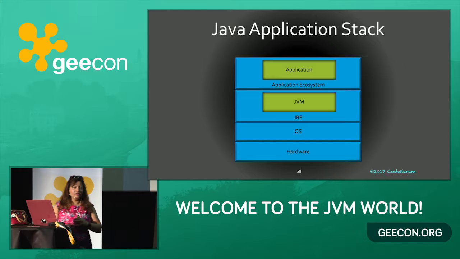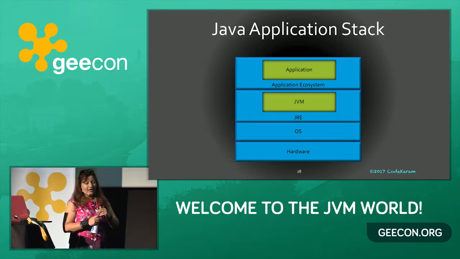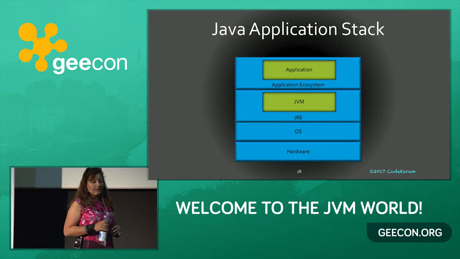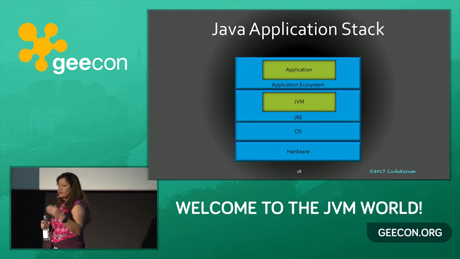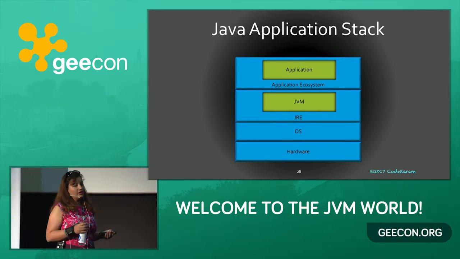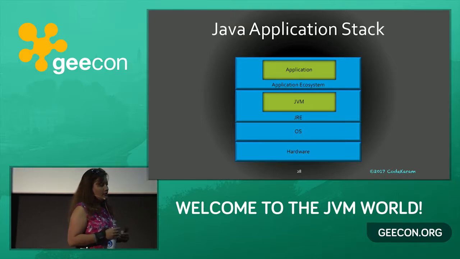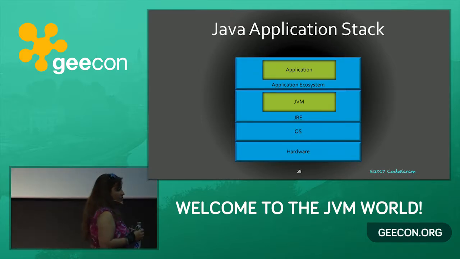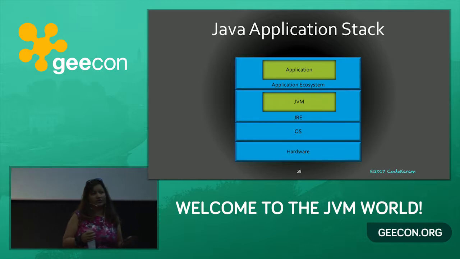So we start with the Java application itself, and then there's the application ecosystem. Then the next layer down is where the application is running. It's running on a Java virtual machine. What we all know it as is a Java runtime environment, which is called the JRE.